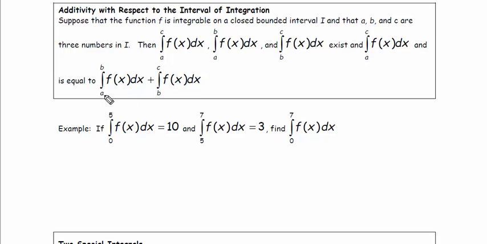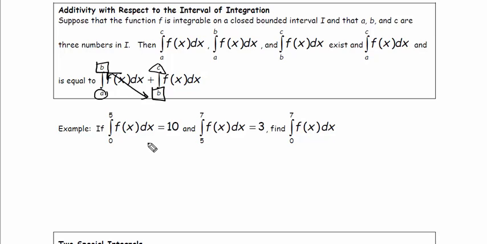See how this is an a, but this is a b, so these two are the same, and then this is a different c right here. Alright, so just make sure that you know what numbers are which.